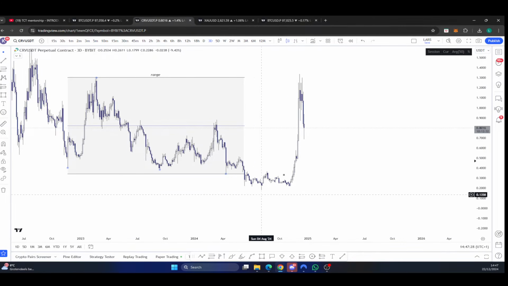The manipulation range can be on the lower time frame, but the range itself will most likely be a 4-hour plus range. So I'm not trading this on the low time frame at all. It will mainly be on the higher time frames.